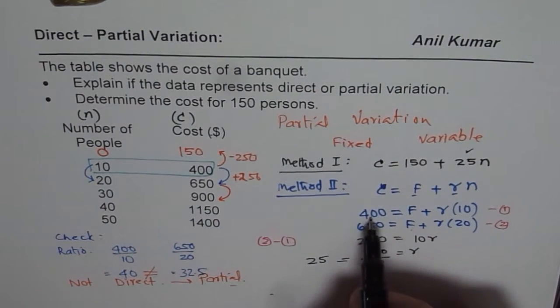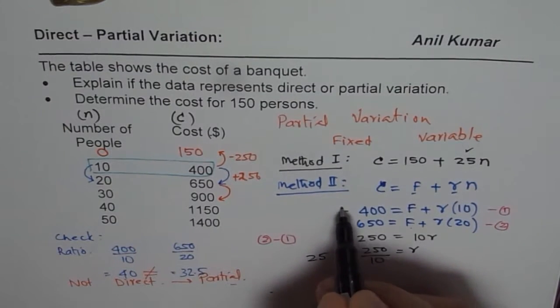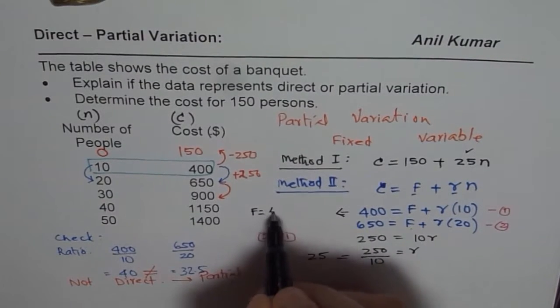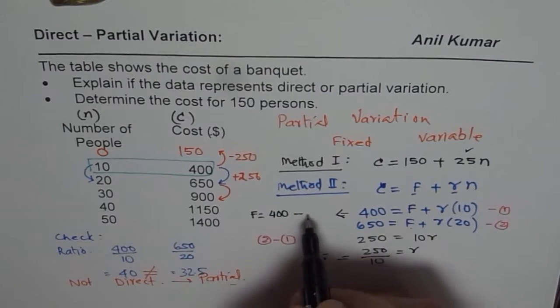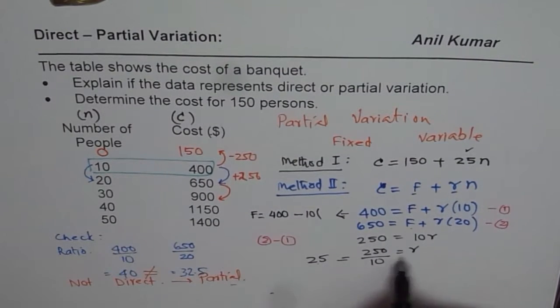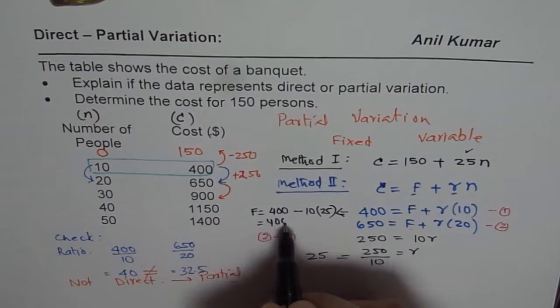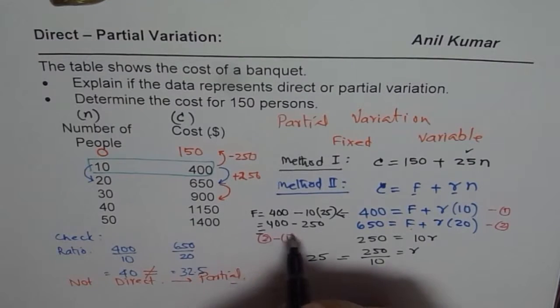Now to find F, we can use one of these equations. Let's use the first equation. From here we can say F is equal to 400 minus 10 times 25, since R is 25. So that is 400 minus 250, which is 150.